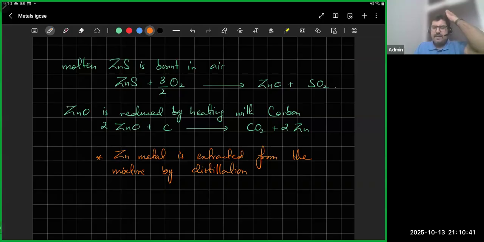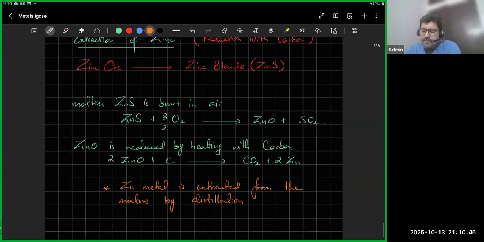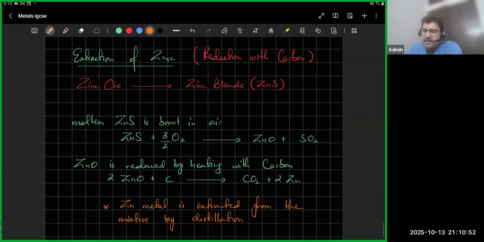The other compounds have very high melting points. This one is simply boiled off, and the vapor of zinc is then collected on the other side, by distillation. The answer is just two lines. That's how zinc gets extracted in exactly the same way as iron.